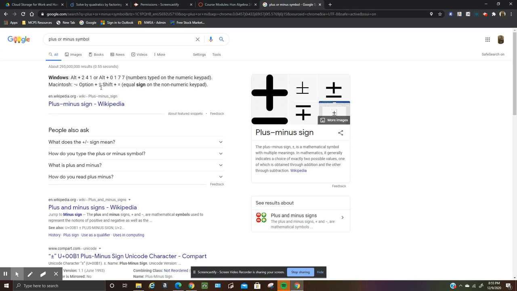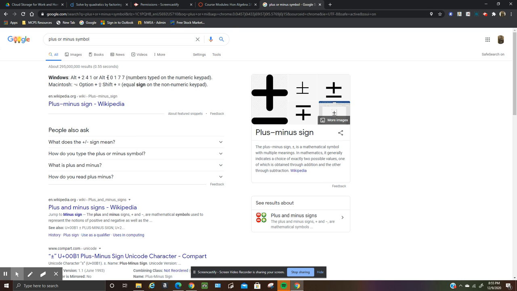And then on the Macintosh, looks like Option plus Shift plus equal on the non-numeric keypad.